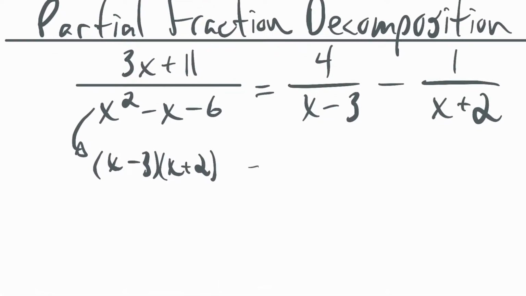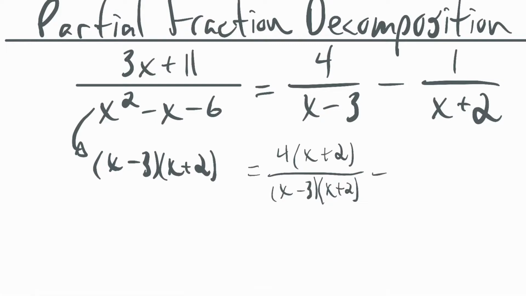So this right-hand side equals 4 times x plus 2 over x minus 3 times x plus 2, minus 1 times x minus 3, almost said plus 3, over x plus 2 times x minus 3, right?